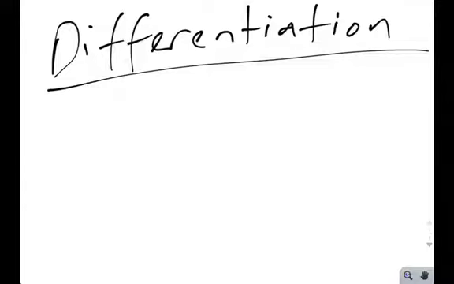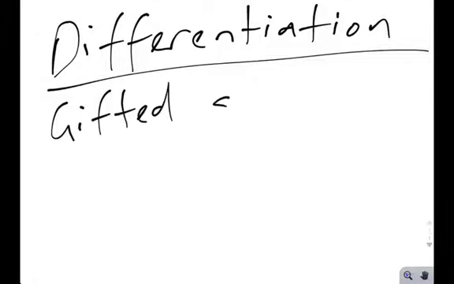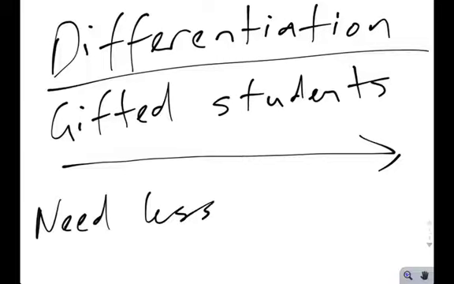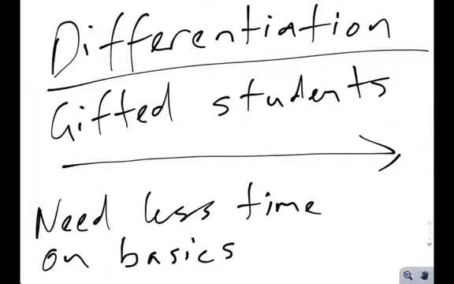Okay, so gifted students are already working at a very fast pace. They don't need holding back. And they really need less time on basics and revision. Once they've learnt it, they usually don't need to go back.